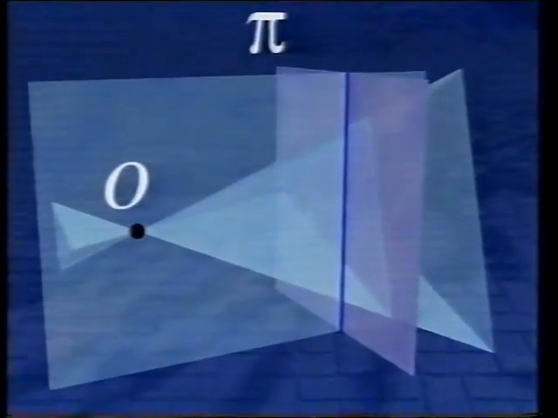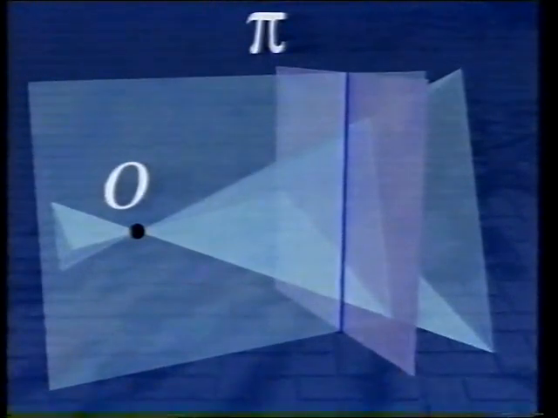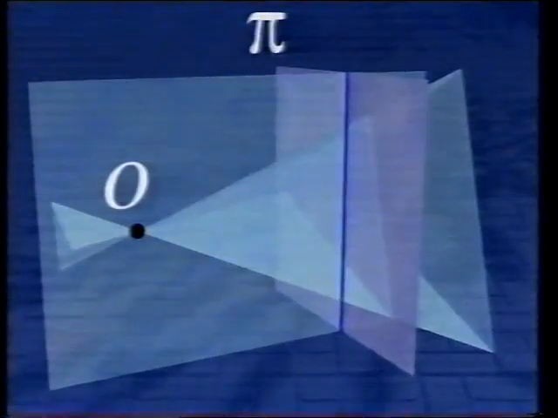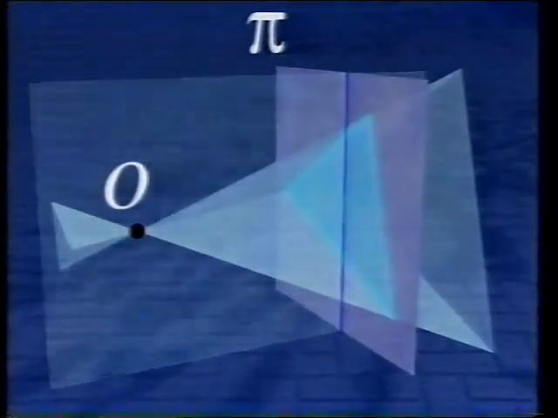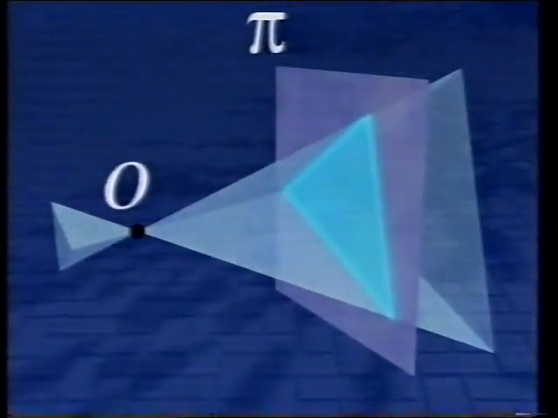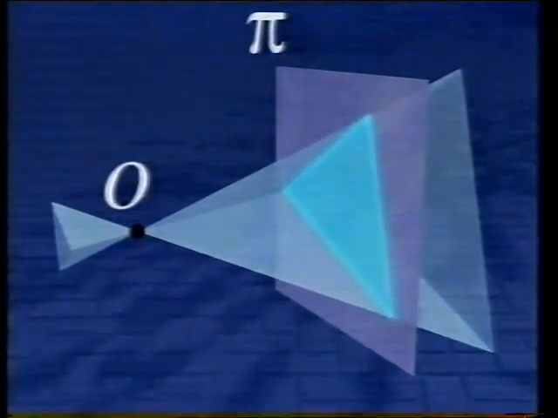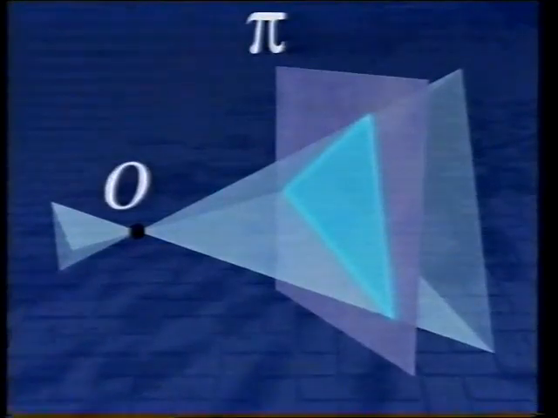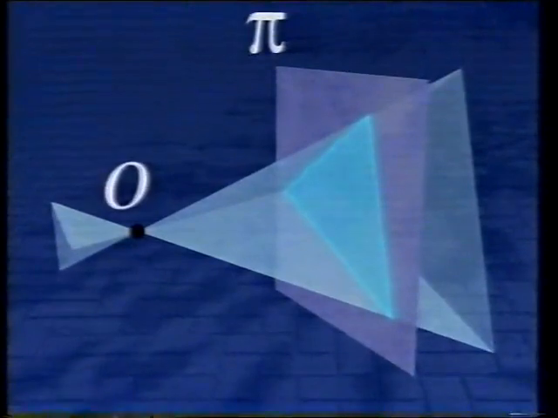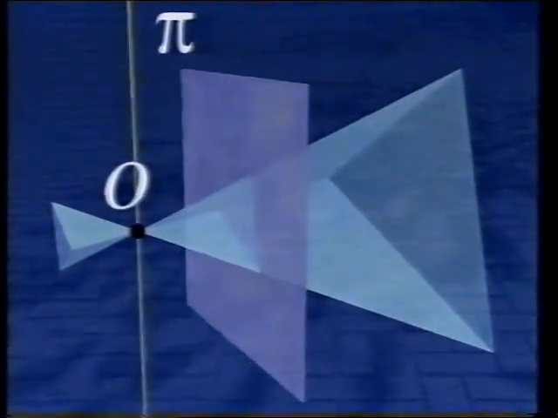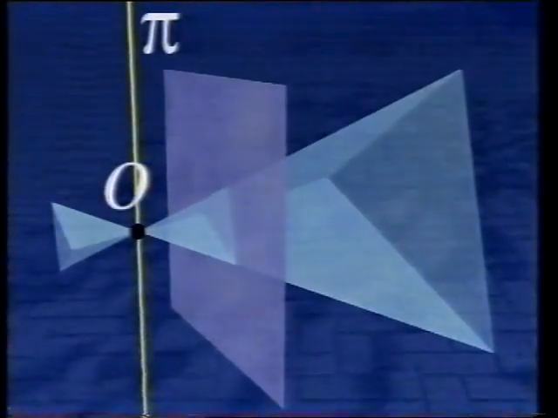Most projective points correspond to Euclidean points. Most projective lines to Euclidean lines. But some projective points do not correspond to any part of π at all. If the projective point is a Euclidean line through the origin that's parallel to π, then it doesn't meet π. And these projective points are the ideal points of π.